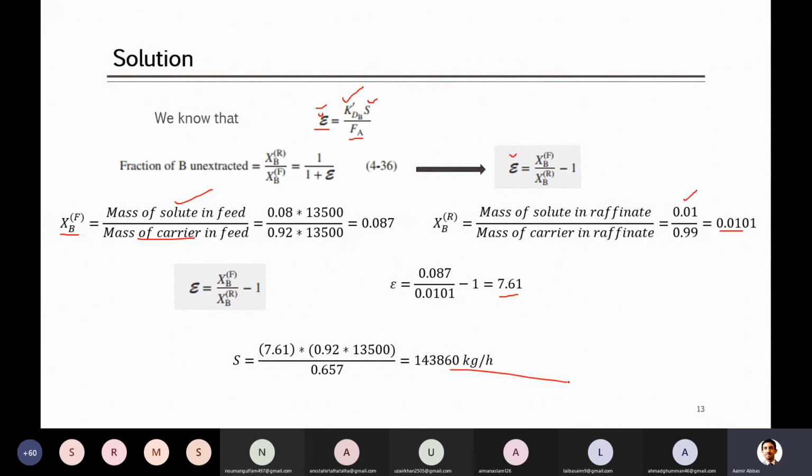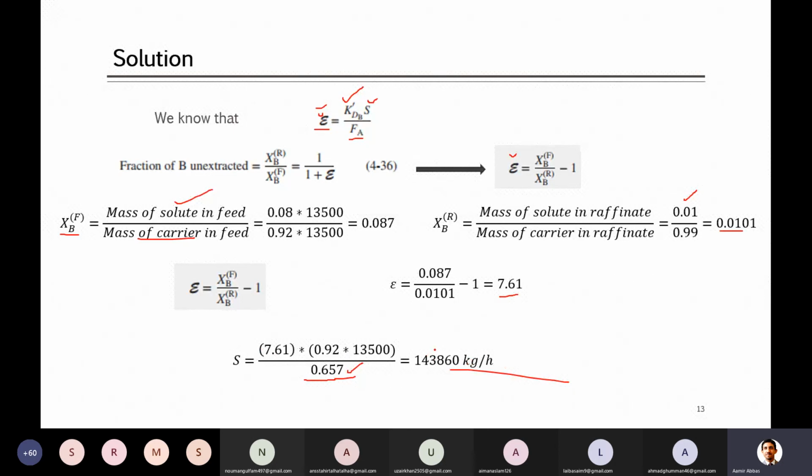From here, one thing I would like to talk about is this solvent flow rate, which we need for extraction. It depends on some factors. For example, if we change the solvent, this distribution coefficient will change. If you bring a solvent which has very high affinity towards the solute, and this value is higher, definitely your solvent flow rate reduces.